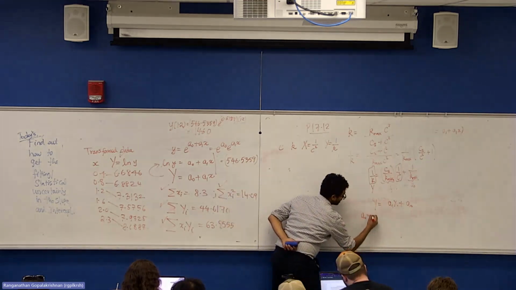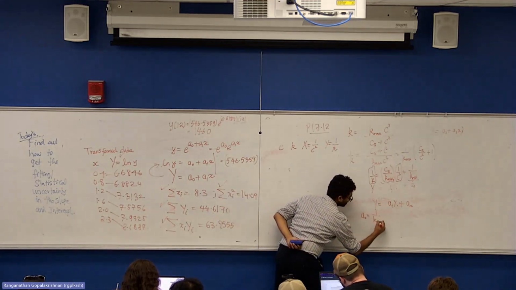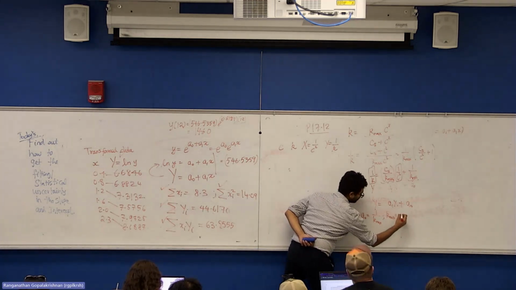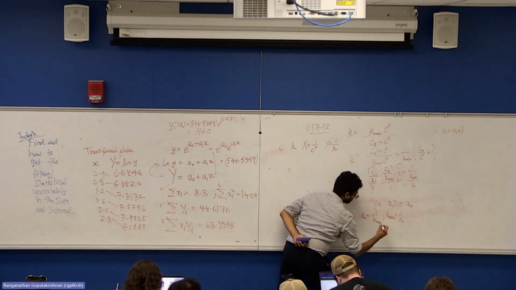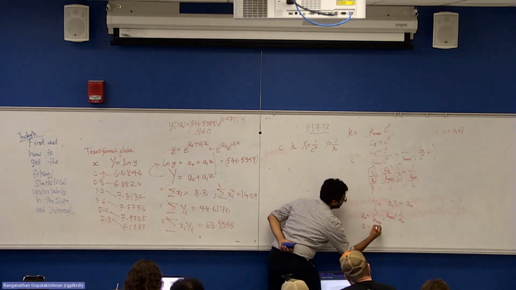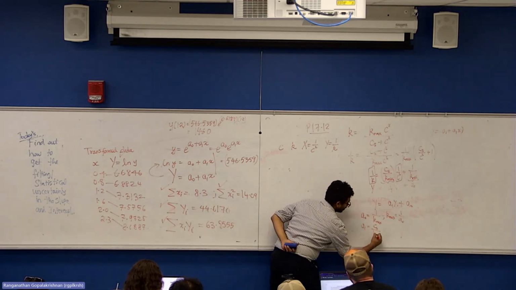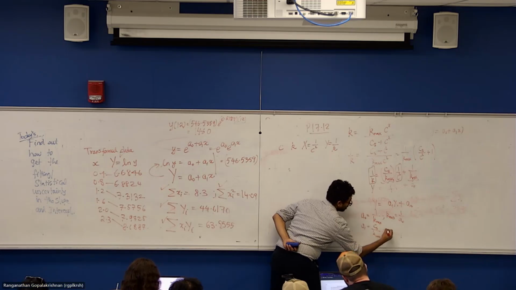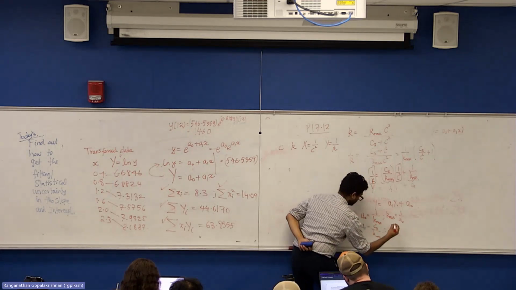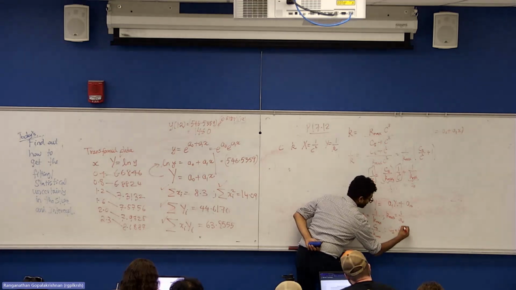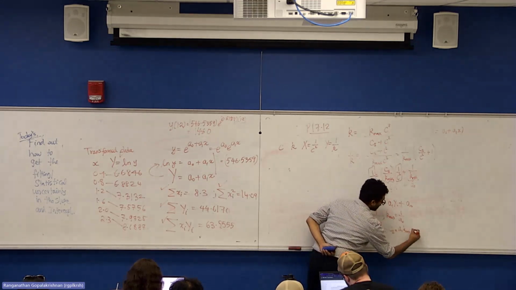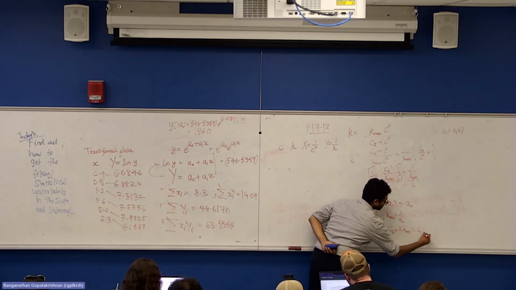A naught is 1 over K max, or K max equal to 1 over a naught, and a1 is equal to CS over K max, or CS equal to a1 times K max, which is a1 divided by a naught.